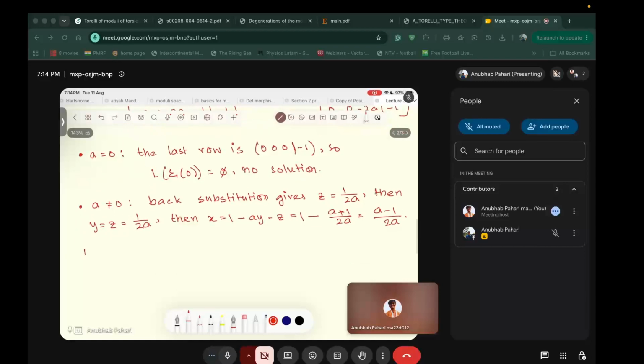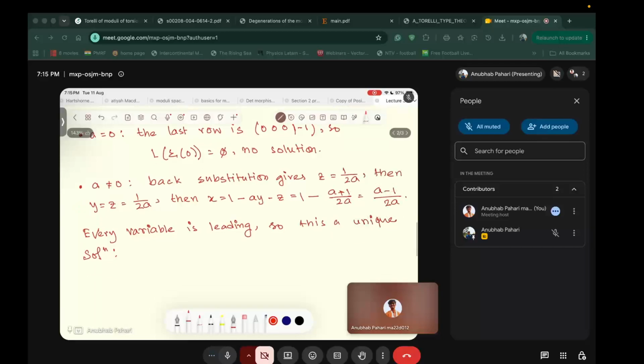So every variable is leading. So this is a unique solution where L of epsilon of a equals ((a minus 1) by 2a, 1 by 2a, 1 by 2a), right?